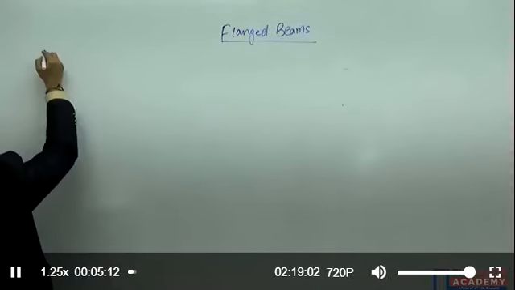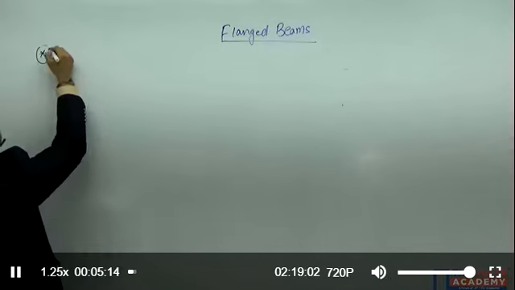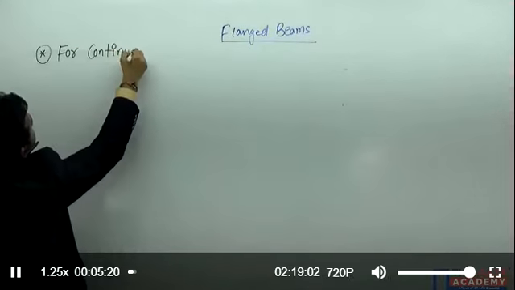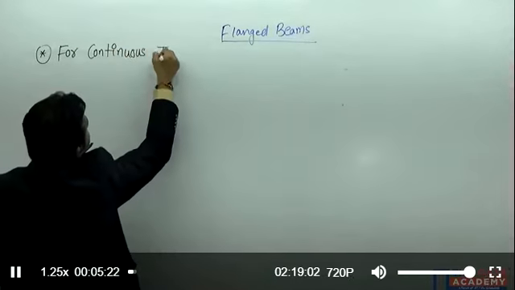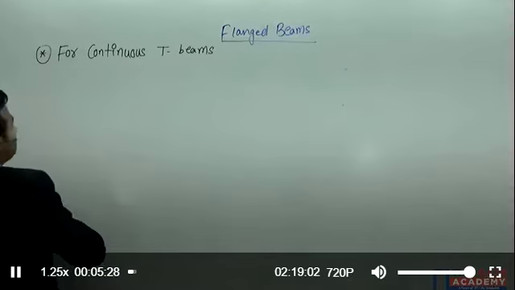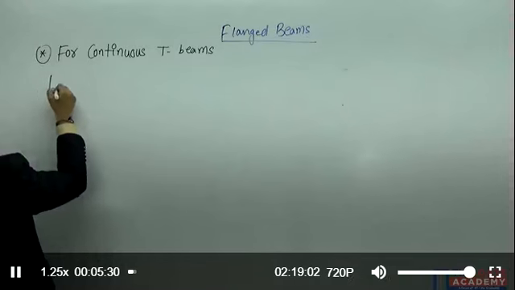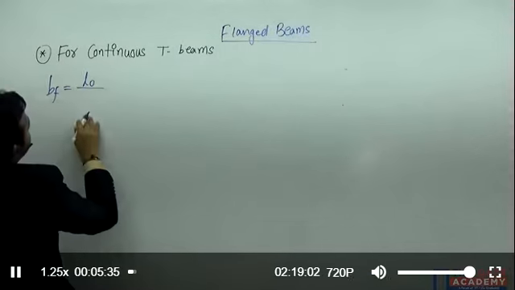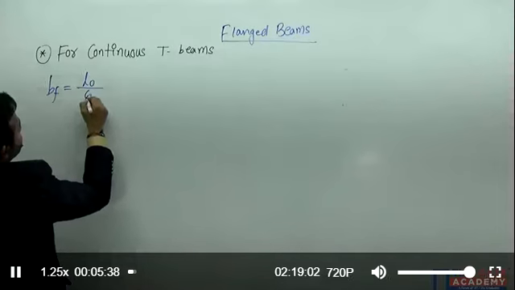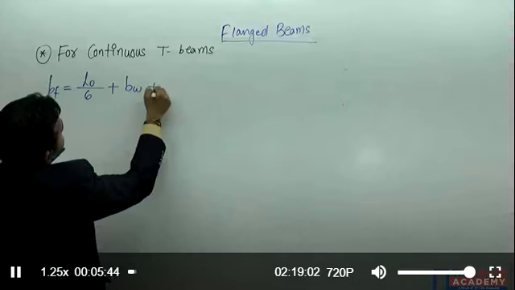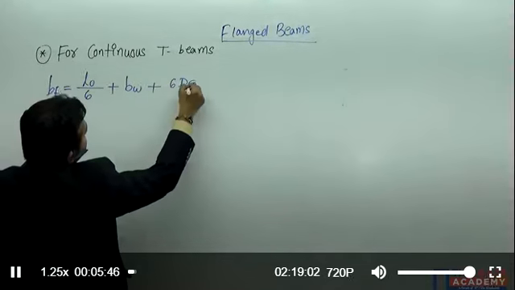So the effective width of the flange, suppose I am writing for continuous T-beams. For a continuous T-beam, the effective width of the flange is given as bf = L0/6 + bw + 6Df, where bw is the width of web and Df is the depth of flange.